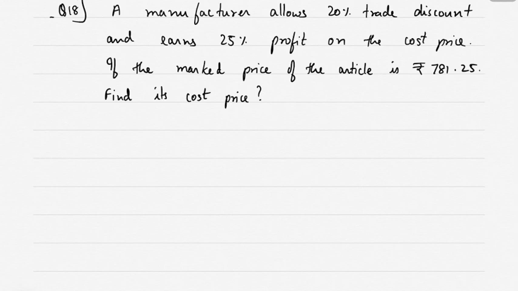A manufacturer allows 20% trade discount and earns 25% profit on the cost price. If the marked price of the article is rupees 781.25, find the cost price. Okay, so marked price is equal to rupees 781.25.